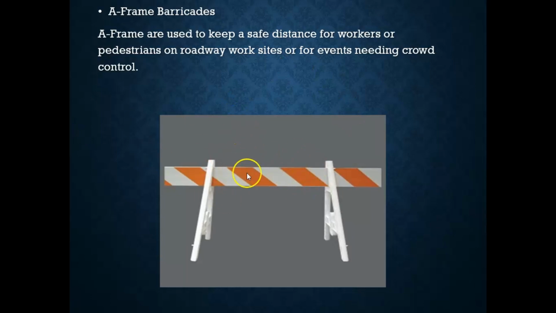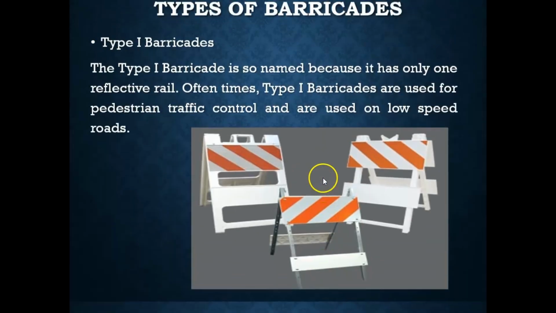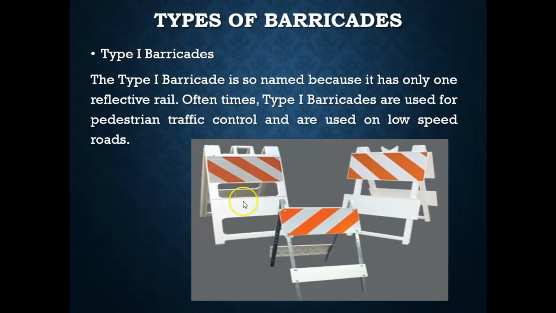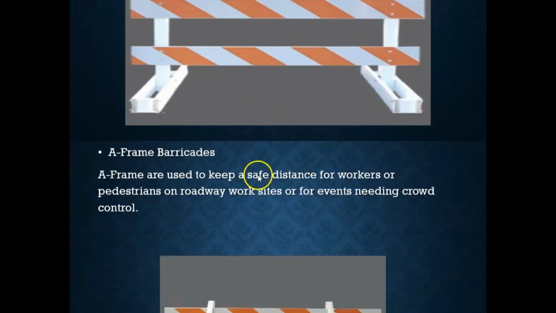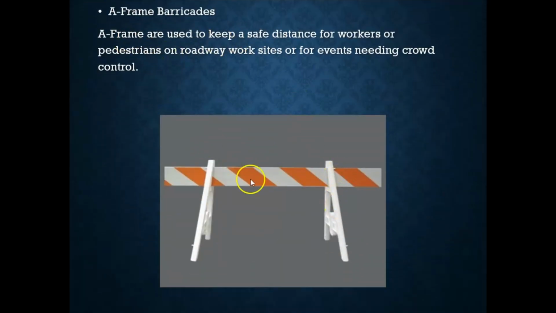Even when it only has one reflective rail with the orange and white stripes, it is still different from the type 1 barricade, because it has a different stand, just like what we can see in this picture.